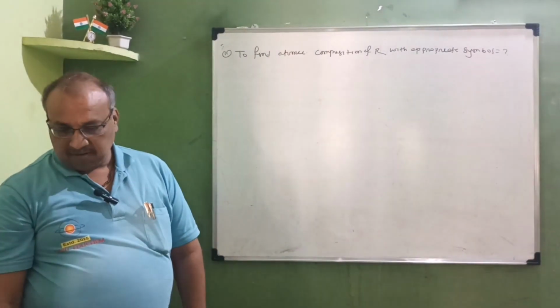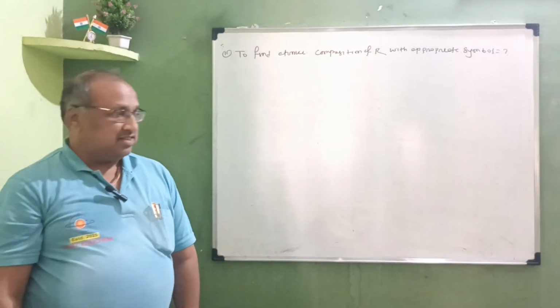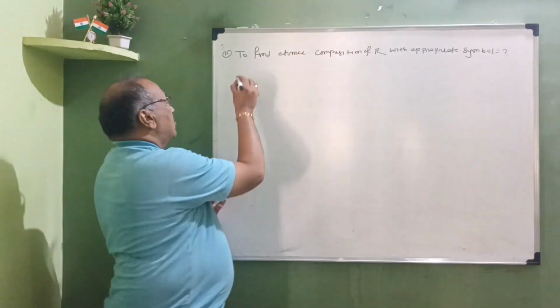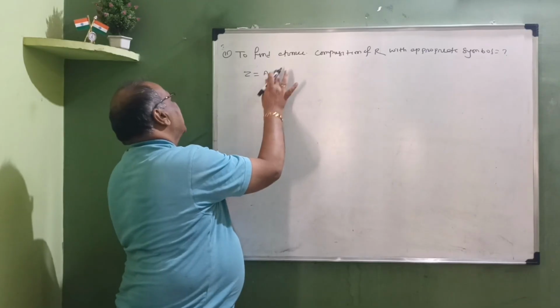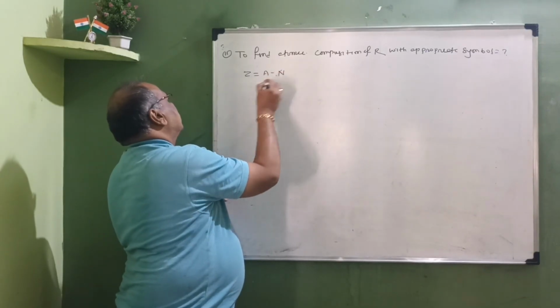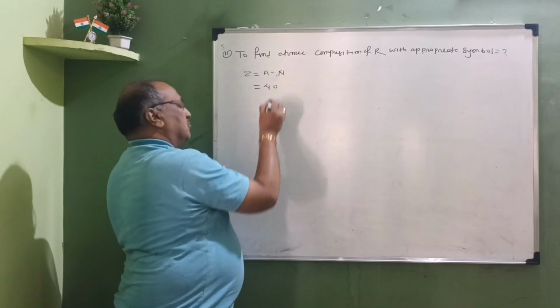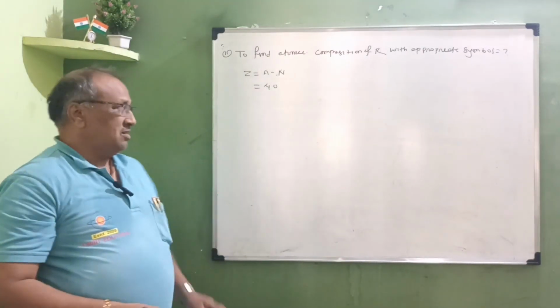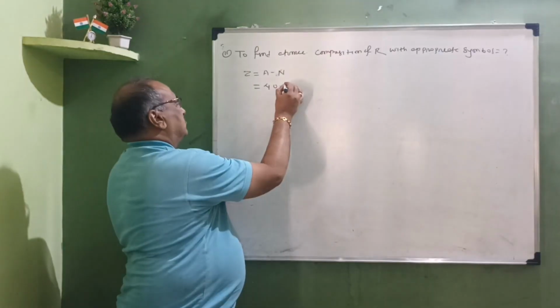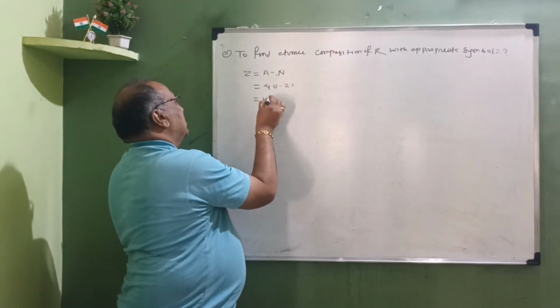That means here Z is equal to A minus N, that is 40 minus 21 is equal to 19.